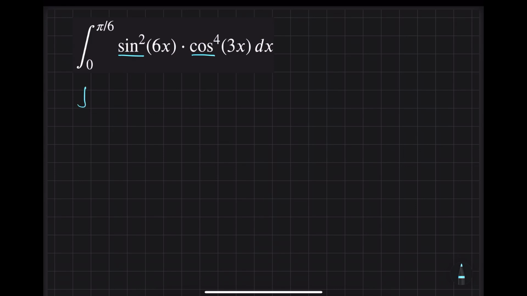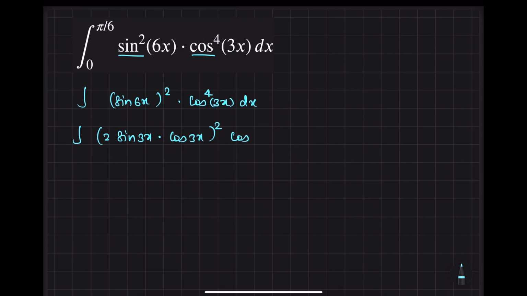So can I write it as sine square 6x and then cos power 4 3x dx. Now can I write sine 6x as 2 sine 3x into cos 3x, squared, and then cos power 4 3x.